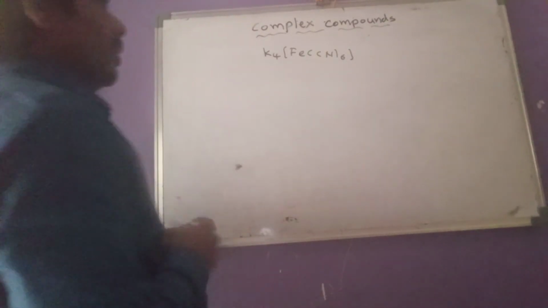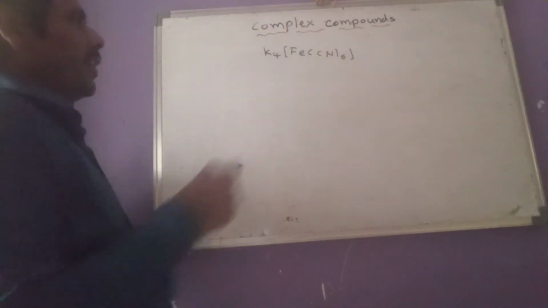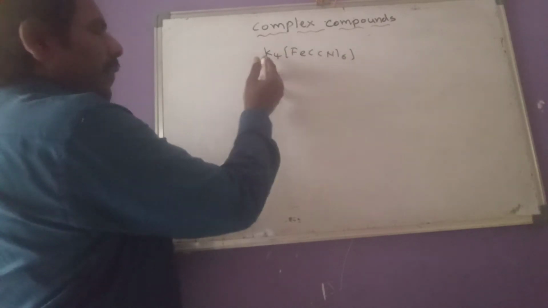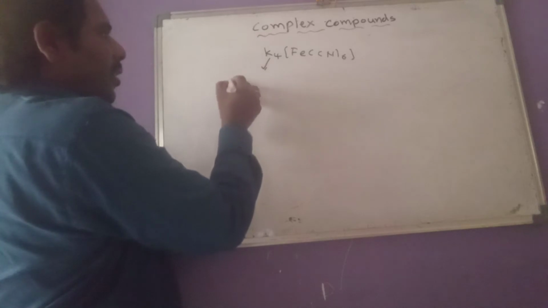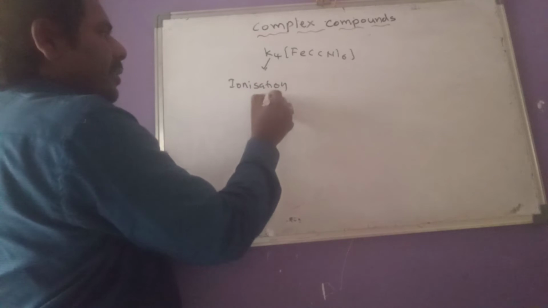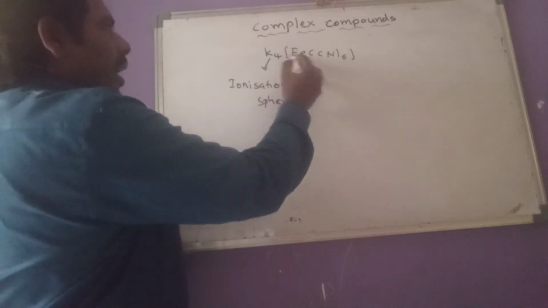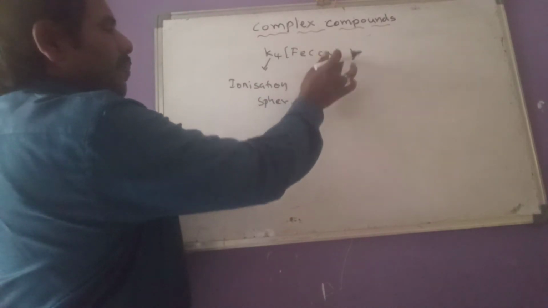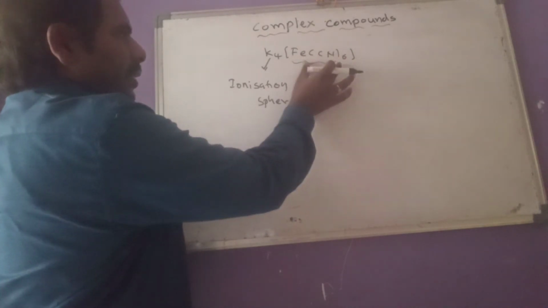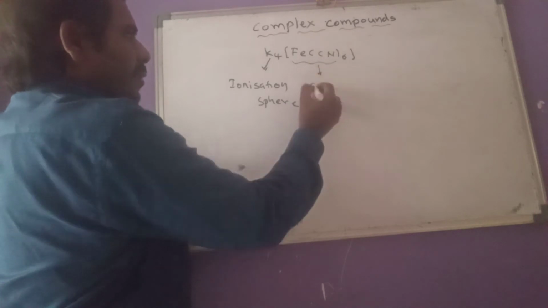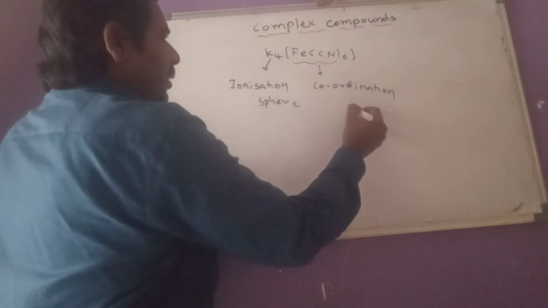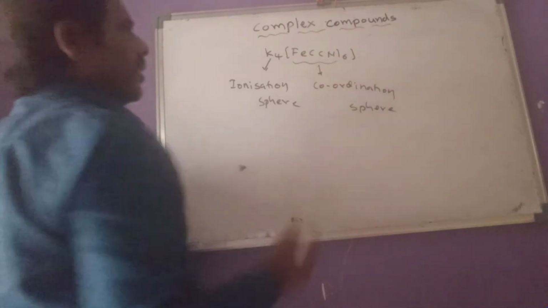Then now let us discuss the important terms present in a complex compound. See here. This outside the square bracket, either left side or right side, is called the ionization sphere. And this square bracket, that sphere, is called the coordination sphere.